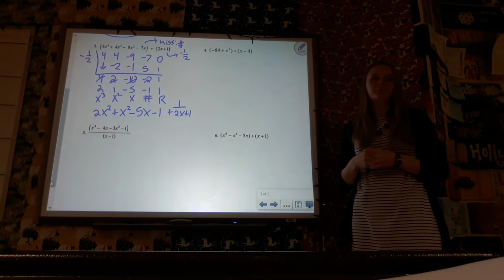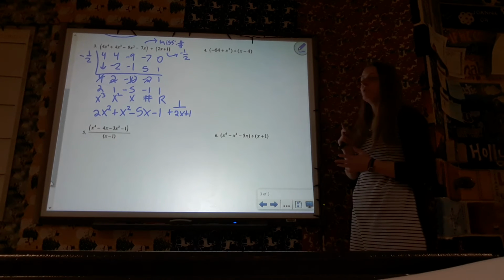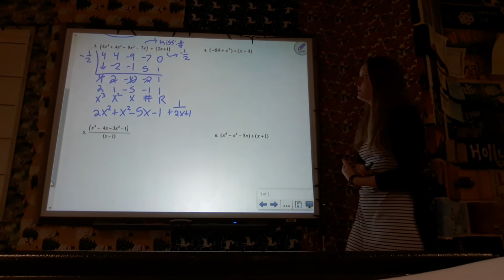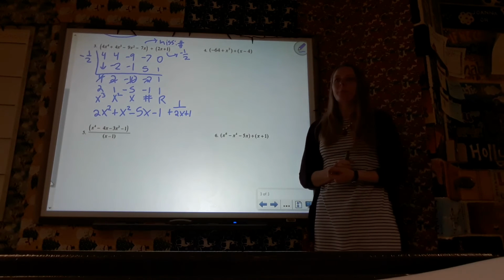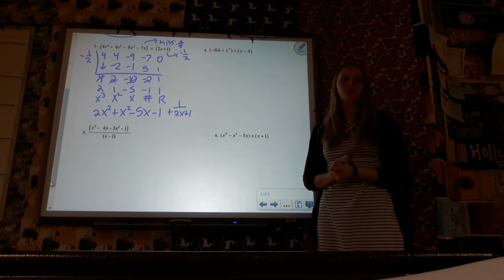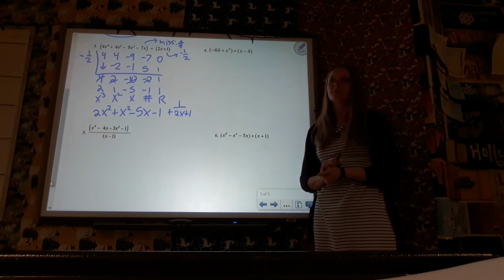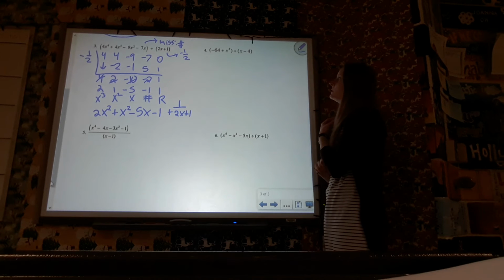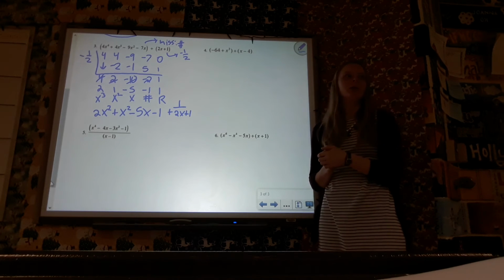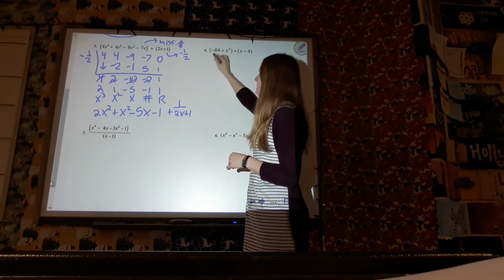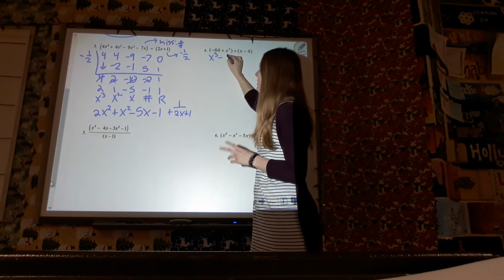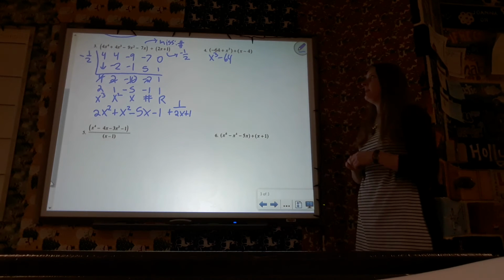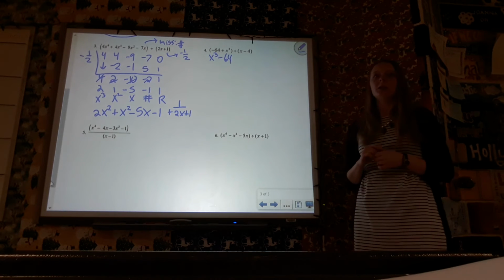Okay? Alright, I'll do this number 4 with you guys, and you're going to do the bottom 2 on your own. So what's the first thing we're going to check for example 4? The terms are in order using the exponents as a guide. So are they in standard form? No. I have to switch them because the x cubed should come first, and then the negative 64 should come second. And then you should take note of anything that's missing.